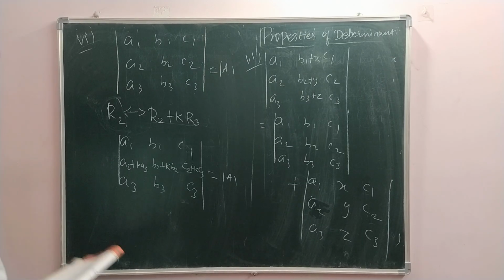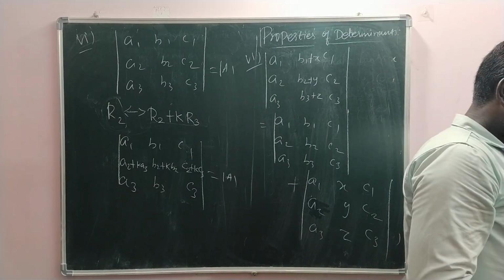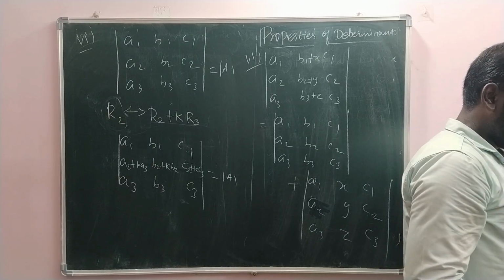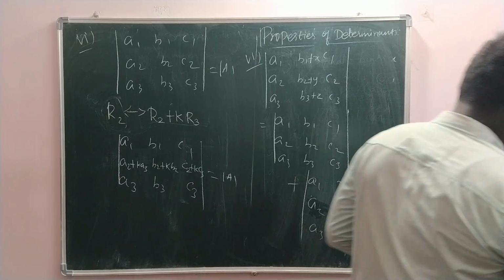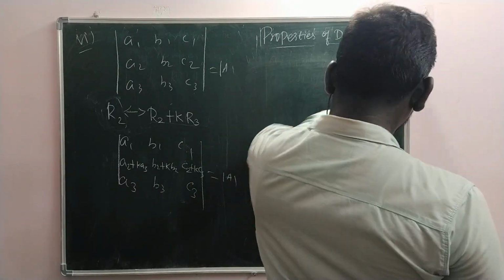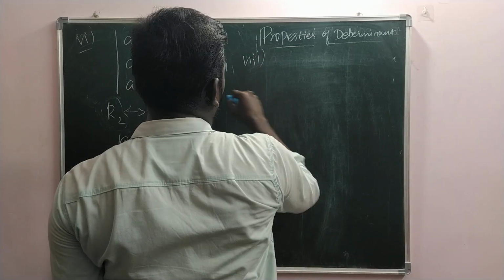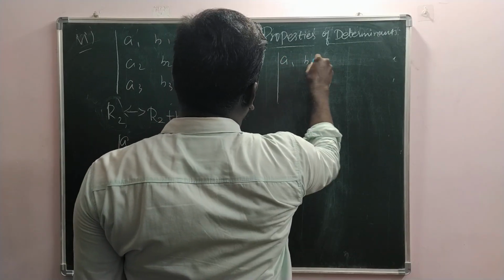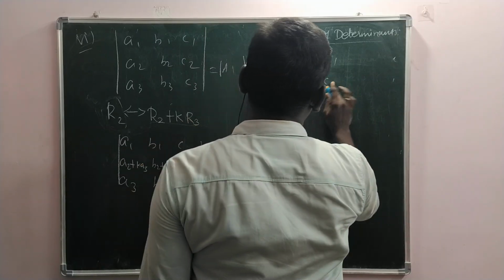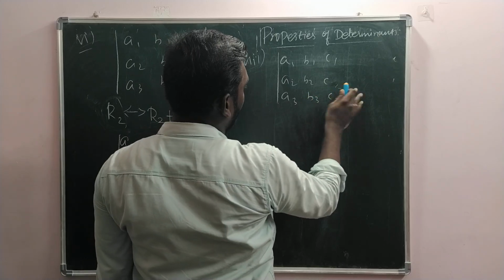And then the eighth property. The sum of the products of the elements of any row or column with the cofactors corresponding to the elements of any other row is 0. See, the eighth one: you take the matrix A1, B1, C1, A2, B2, C2, A3, B3, C3.